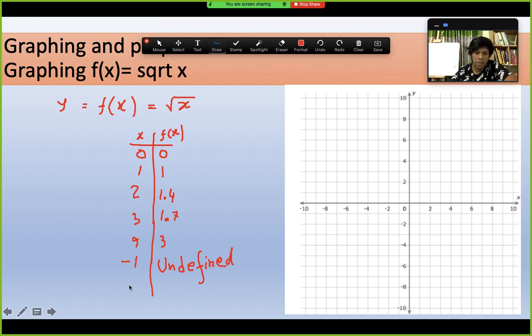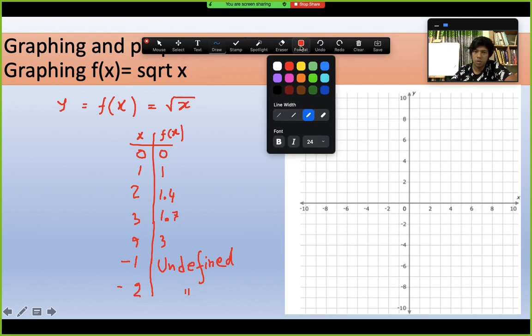If we put minus 2, the same will happen. Even if you put minus 0.1, the same happens. That tells us that on the negative side, there will be no graph of this function.